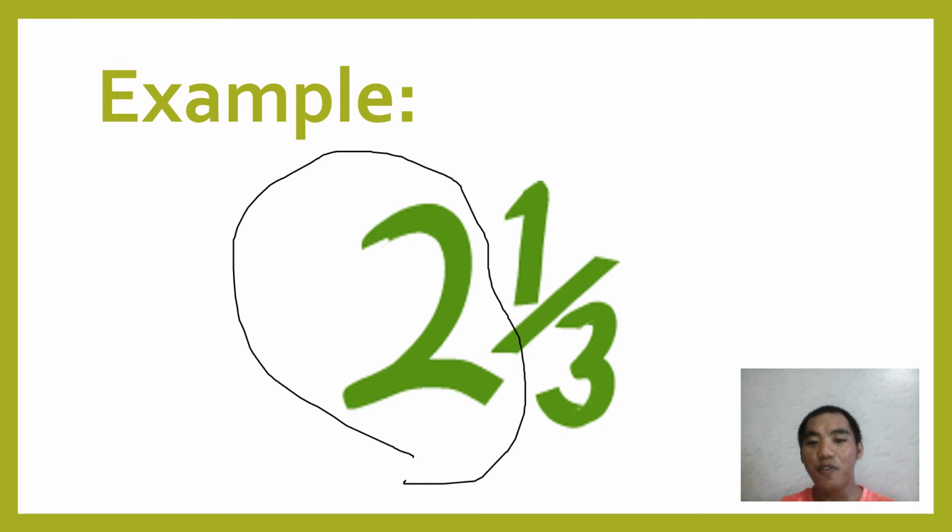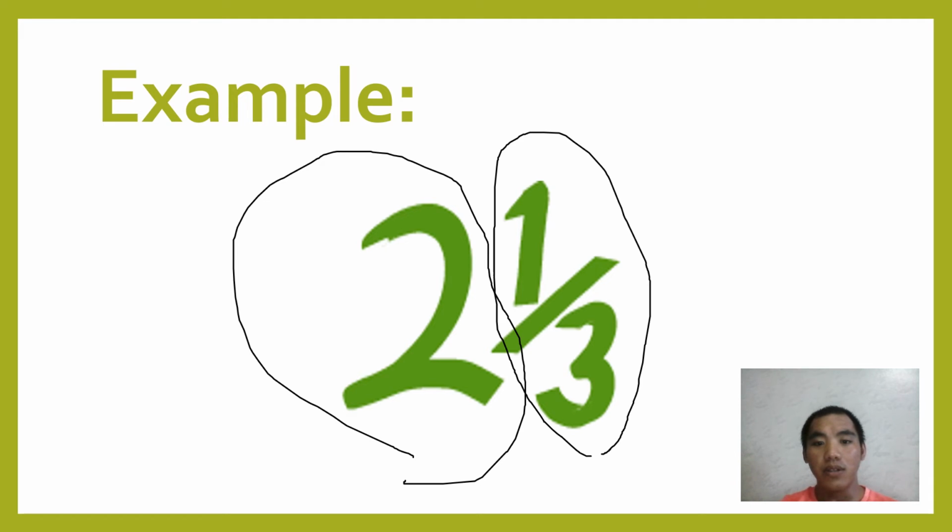And our proper fraction is 1 over 3 or 1/3. Okay, so it's a combination of a whole number and a proper fraction. That is what we call mixed number. So 2 and 1/3 is an example of mixed number because it consists of one whole number and a proper fraction.